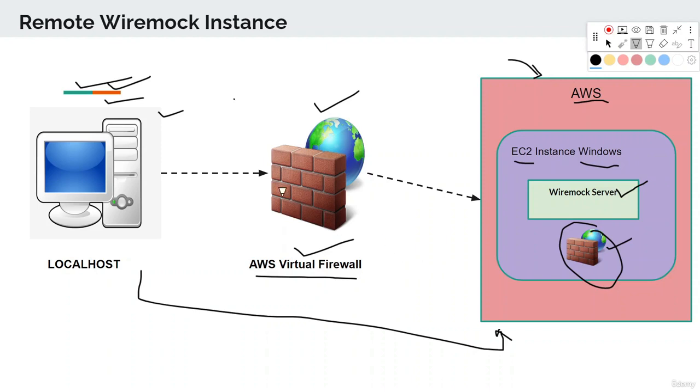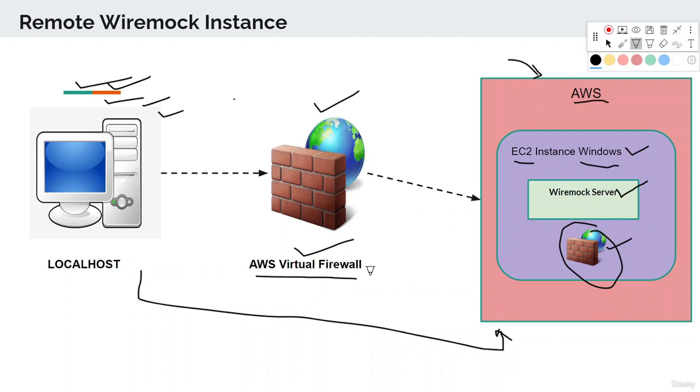You are trying to access the remote server using RDP. Or you want to access any resource, suppose any website hosted on this instance, from localhost, right? In that case we will use HTTP or HTTPS, and that particular website or application will be hosted on a port. You need to tell this firewall which port I am using, so that it can allow the inbound and outbound traffic, right?